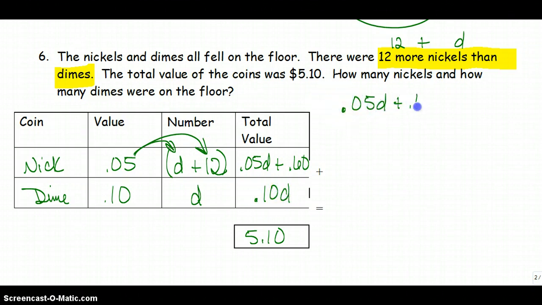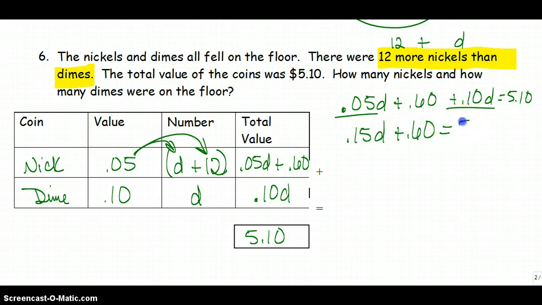Now I have my equation. 0.05D plus 0.60 plus 0.10D is equal to $5.10. Combine my like terms. Signs are the same. I'm going to add and keep the sign. So 0.15D plus 0.60 is equal to $5.10.